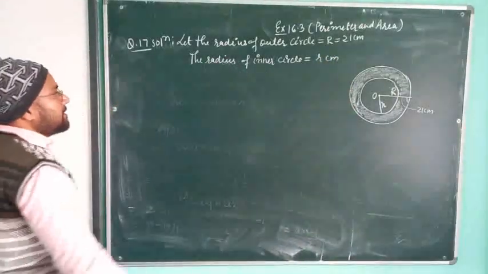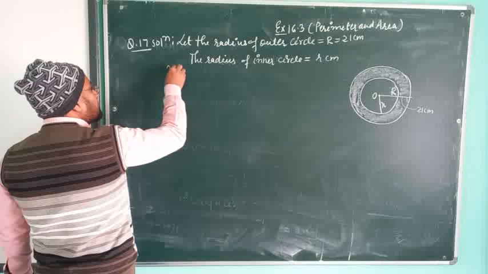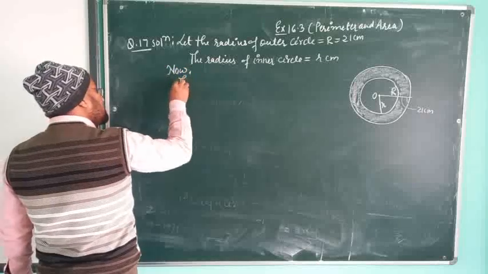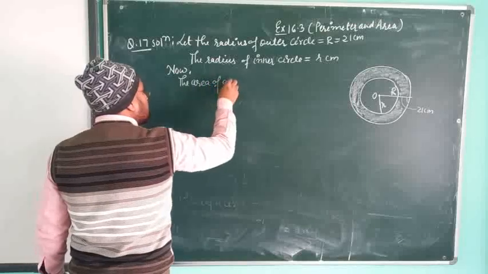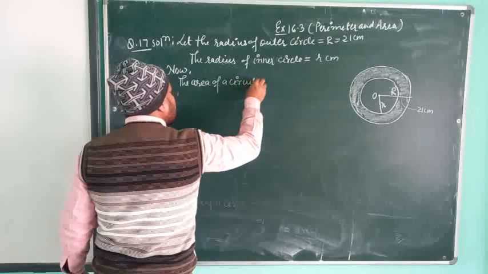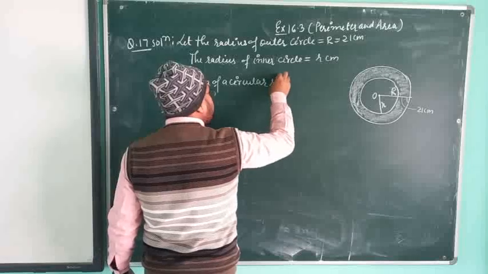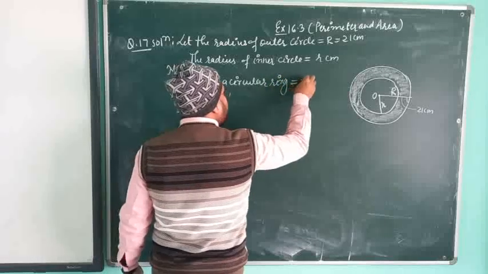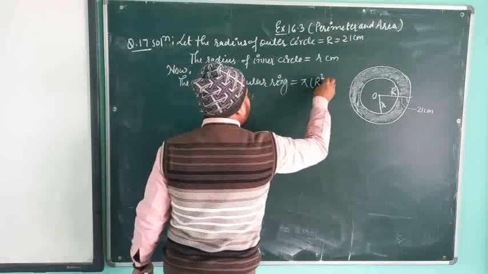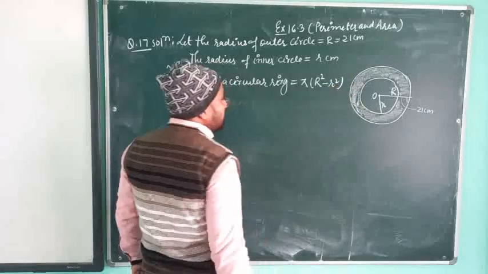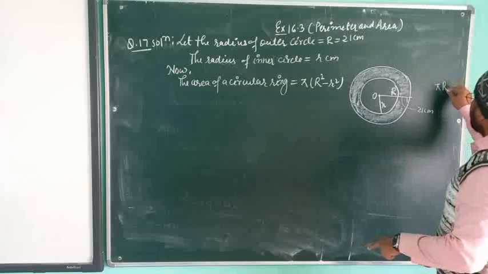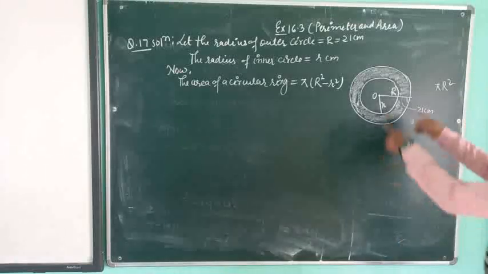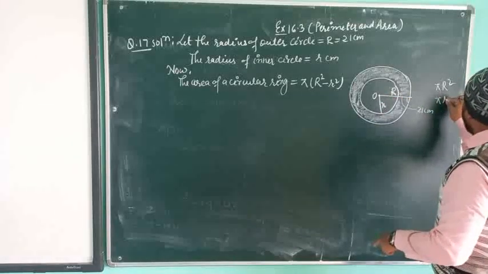Now the area of a circular ring is equal to pi in bracket capital R square minus small r square. That means the area of the outer circle is pi capital R square, and the area of the inner circle is pi r square.